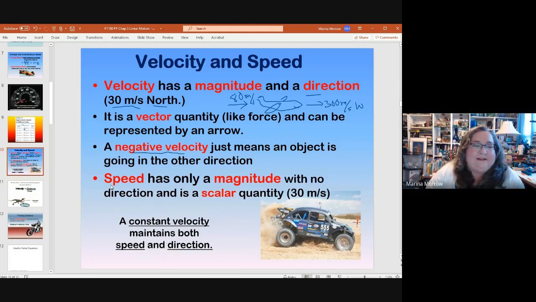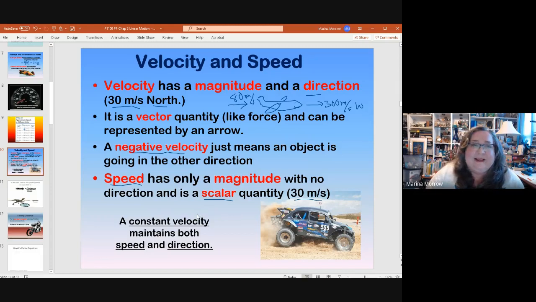Now, when we look at speed, speed for a scientist just has a magnitude. We don't connect a direction with it. And so that's what we call a scalar. We would just write it like 30 meters per second, no direction. So some things are vectors, some things are scalars, and there was a little bit of that in the metric system review that we didn't do.